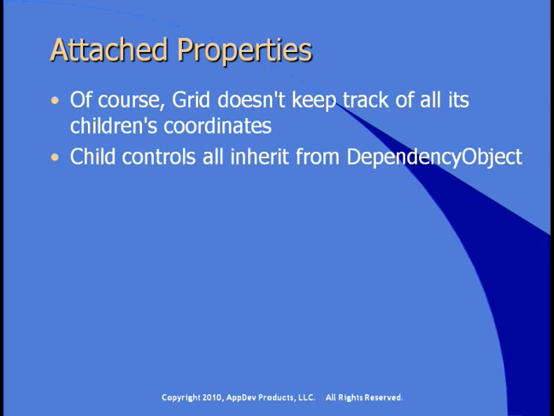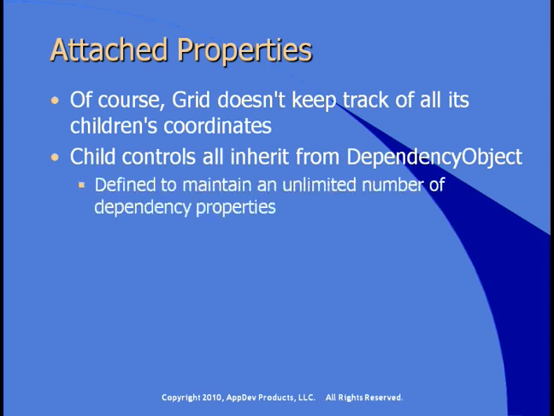All of the controls that you can place in the grid or any other container all inherit from dependency object. And this class is defined to maintain an unlimited number of dependency properties. The dependency object class has a data structure which maintains properties for every class that inherits from it.